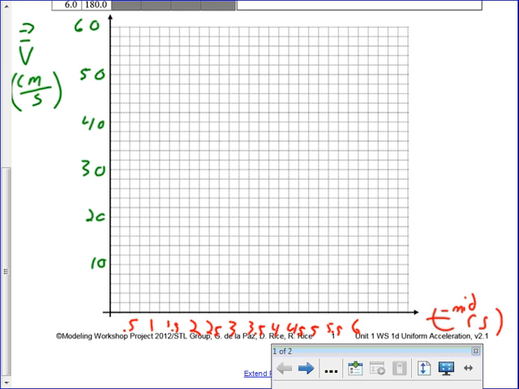So now I'm just plotting the graph. At 0.5 seconds, I had a velocity equal to 5. At 1.5 seconds, I have a velocity equal to 15. At 2.5 seconds, I have a velocity equal to 25.